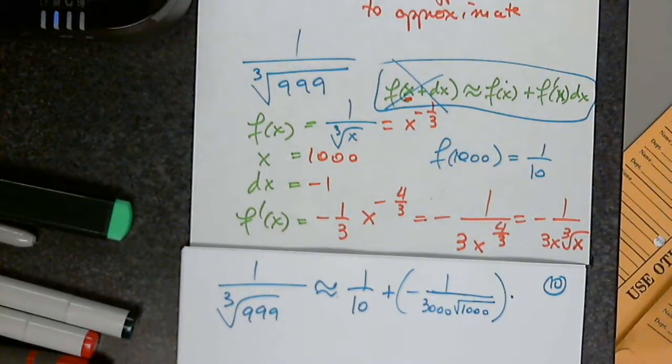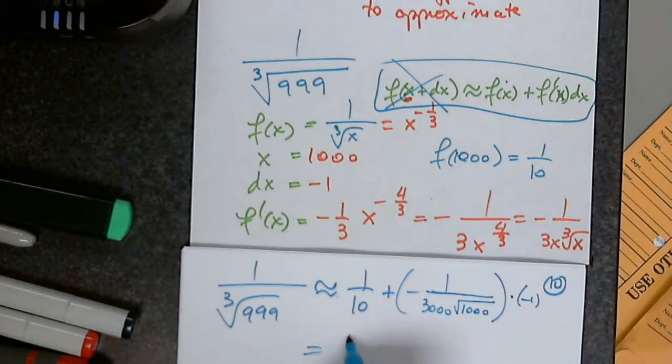How much is dx? Negative 1. So this will be 1 over 10 plus 1 over 30,000, and the least common denominator is 30,000. So this will be 3,000 plus 1.